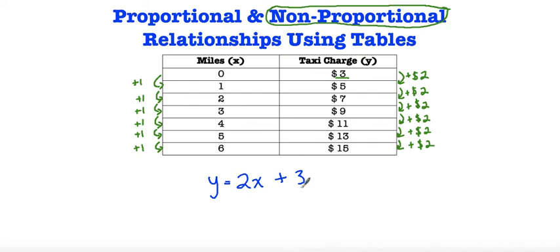Even though this is not proportional because it has an initial value, we could still represent it using an equation. And remember that the 2 represents our rate of change and our slope, and the 3 represents our initial value, which is also called our y-intercept. And that's it.